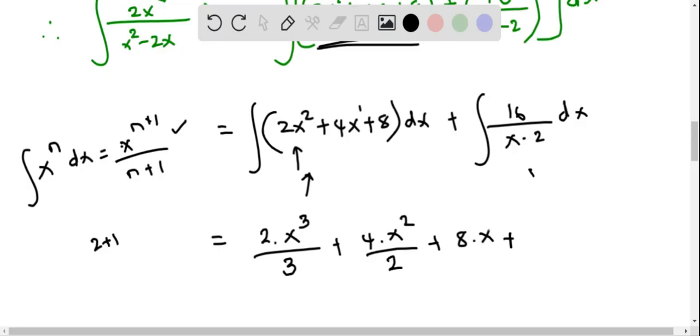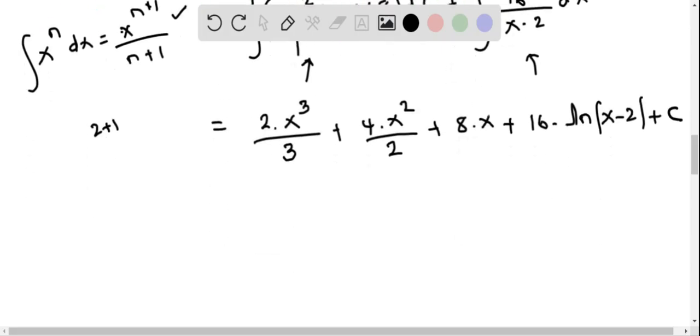And then we integrate this expression according to the formula. We factor the 16 out of the integral, and then we have to integrate only 1 over x minus 2. When we do that, we get the natural logarithm of x minus 2, and then we put the constant of integration c. So let's put this in simple form.